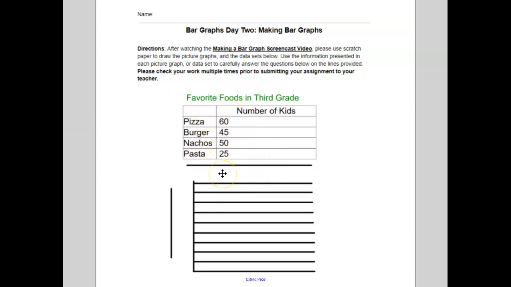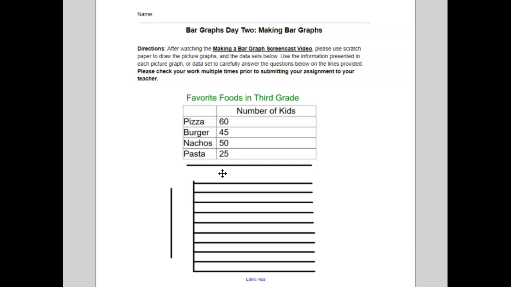For the next page, you will have the opportunity to look at a data set and select your own scale. Remember, you ask yourself, is there a factor that goes into each multiple in the data set? Or if not, could that factor be split in half to represent the values in a data set? You also have to make sure that your scale is large enough so that each total can fit.